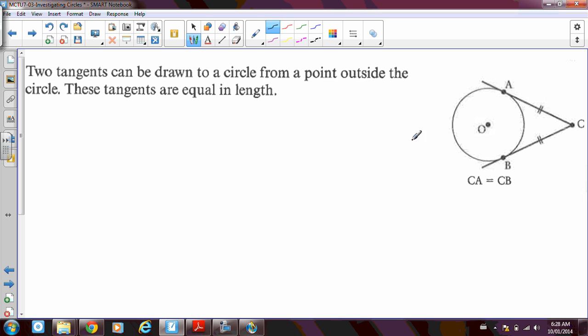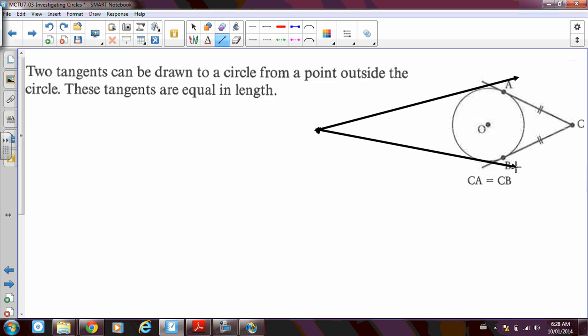Okay, so if I pick a point out here somewhere, wherever it happens to be, I can then draw two tangents from it that will make contact with my circle. And this is again just what the rule is actually telling us. And if they are actually tangents and they're drawn properly, then where they make connections, the length will be exactly the same.